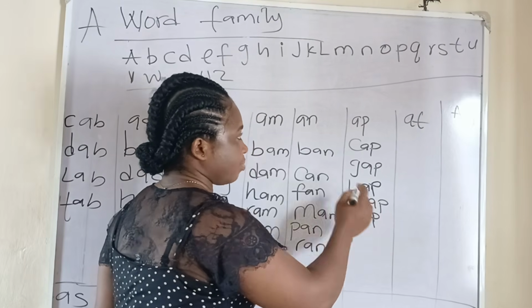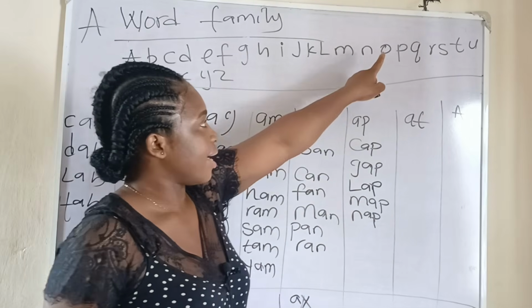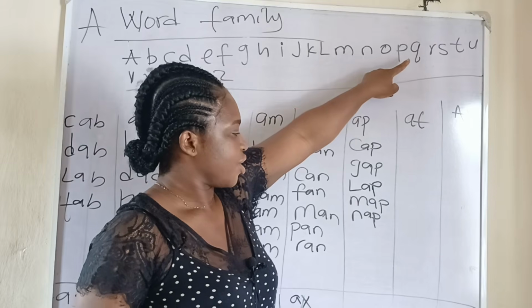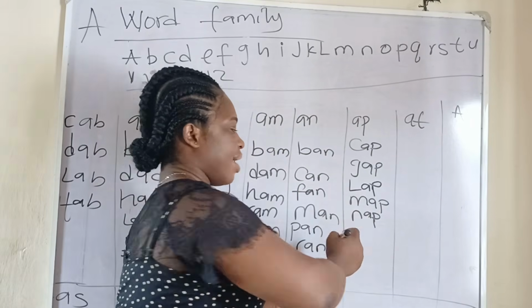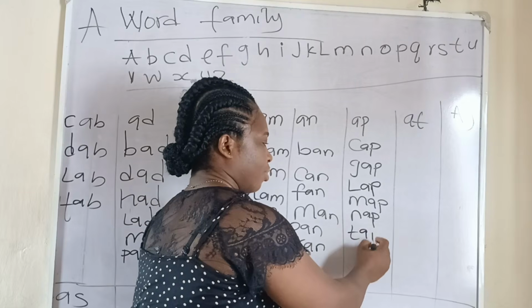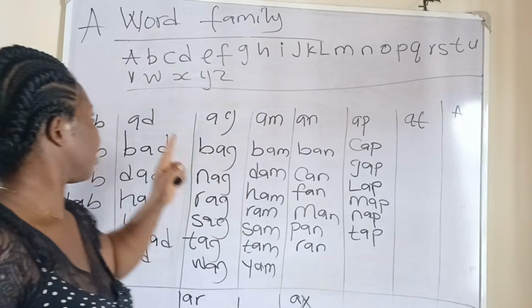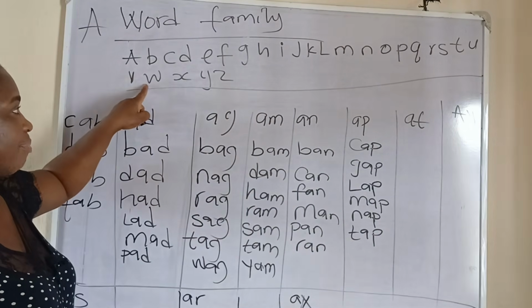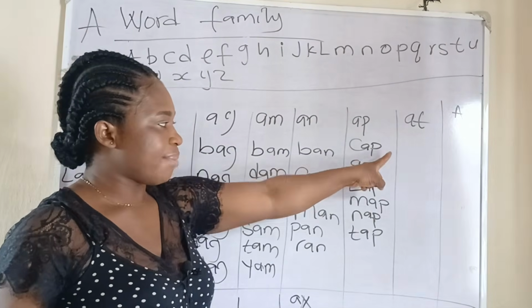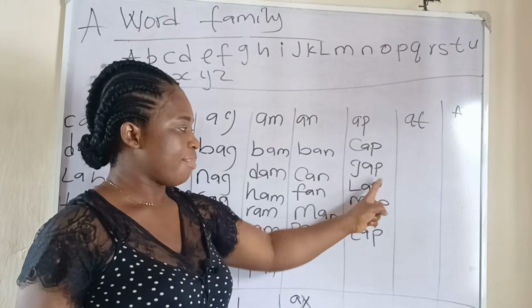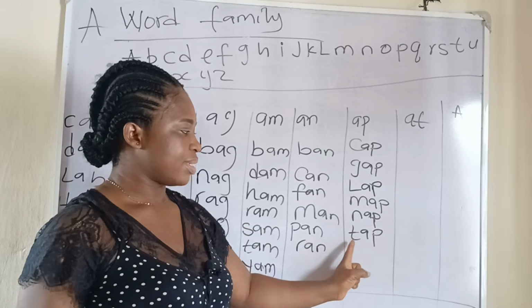We have O, P, Q, R, S, T. We have tap. U, V, W, X, Y, Z. So we have cap, gap, lap, map, nap, tap.